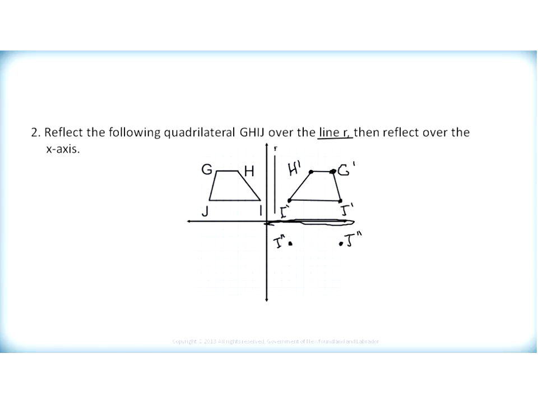G prime is 7 units above the x-axis, so I'm going to end up 7 units below. So I'm going to be right here. And H prime is also going to be 7 units below, because H prime was 7 units above. So each double prime, sorry, is 7 units below.